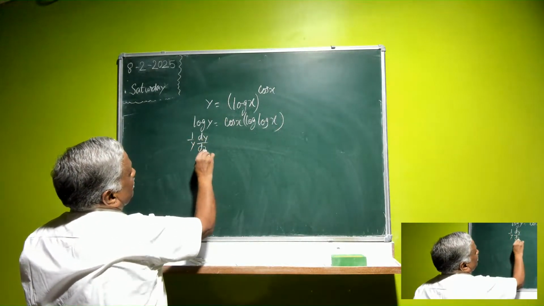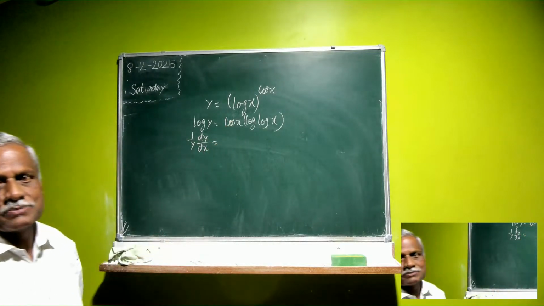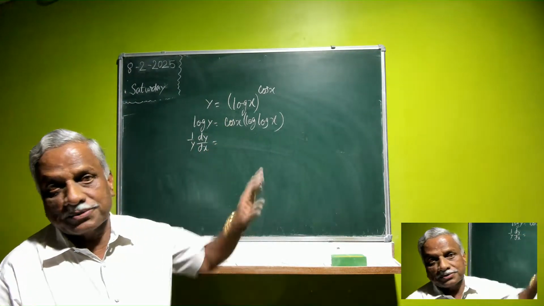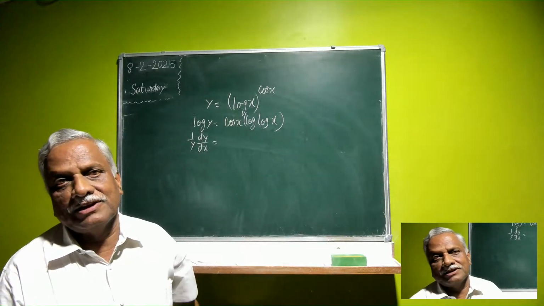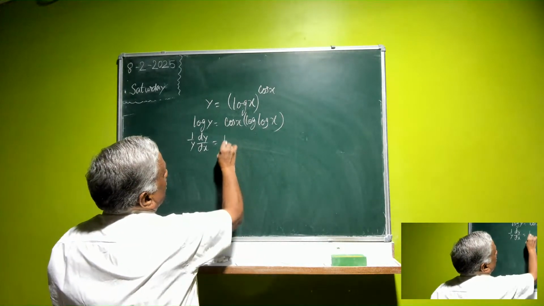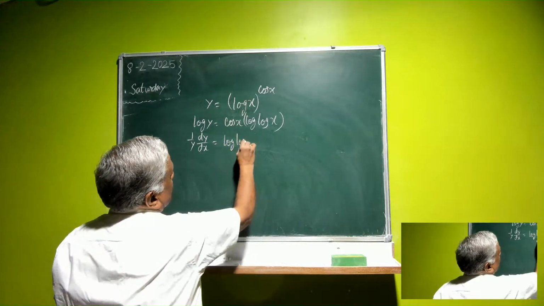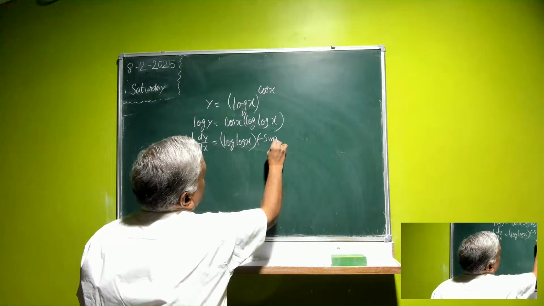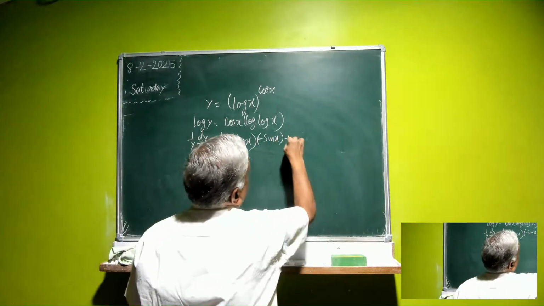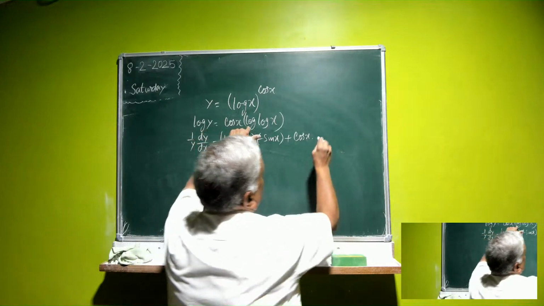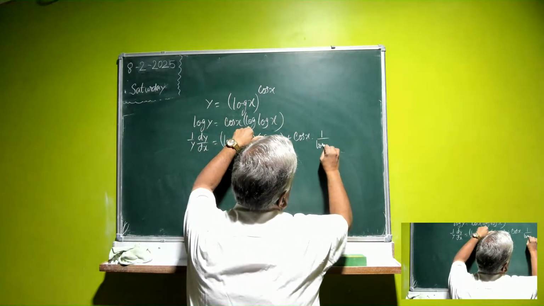So by working the examination papers, you are exposed to these type of difficult problems or the problems that are confusing. So that you can be careful when you go for the exam. So again, product rule. So keep log of log x as it is. Differentiate cos x, you get minus sin x. Keep cos x as it is. First, you have to differentiate log. It is 1 over whatever is there.